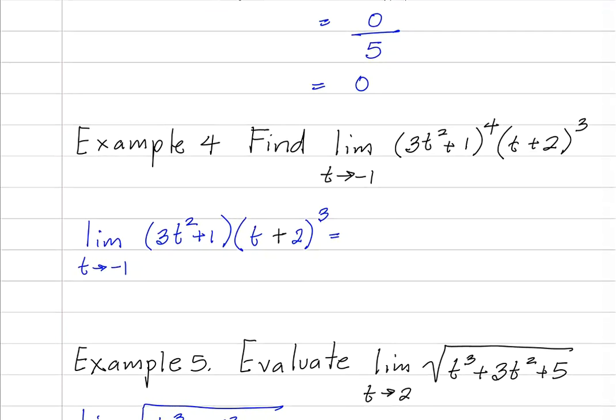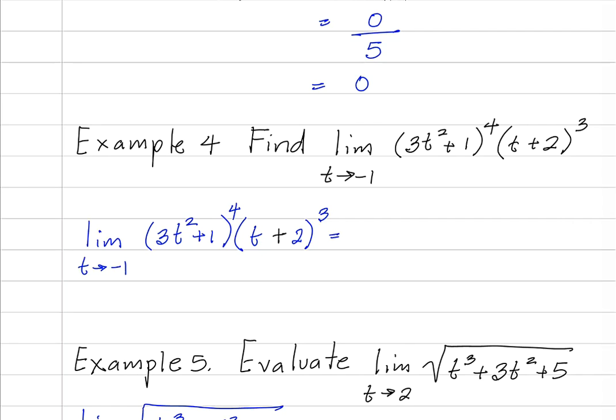Alright, number 4, the limit of 3t plus 1 to the 4th power multiplied by t plus 2 to the 3rd power as t approaches minus 1.